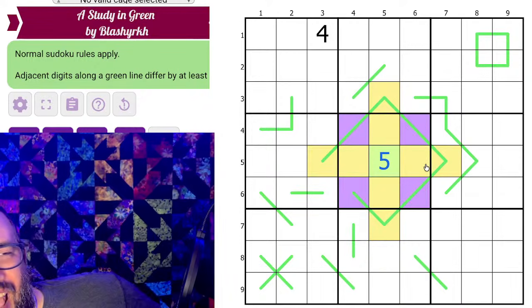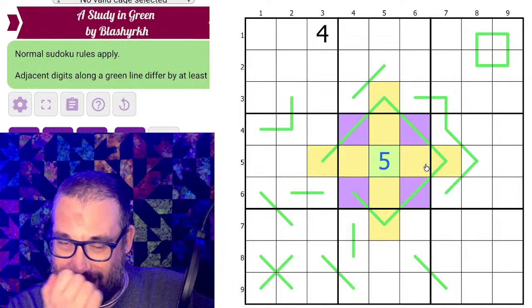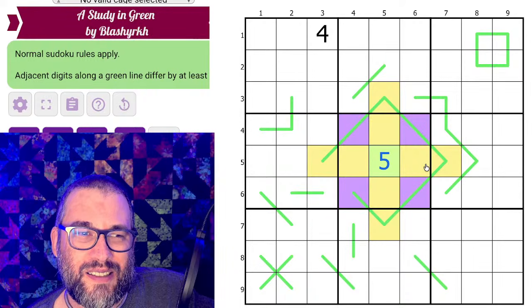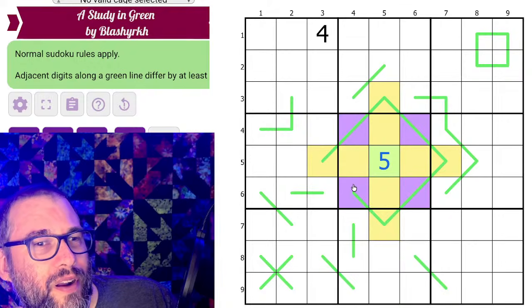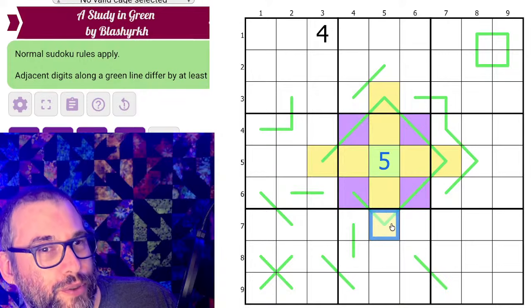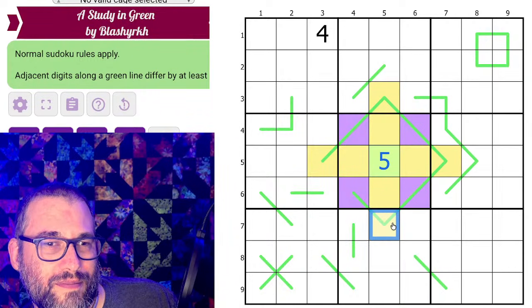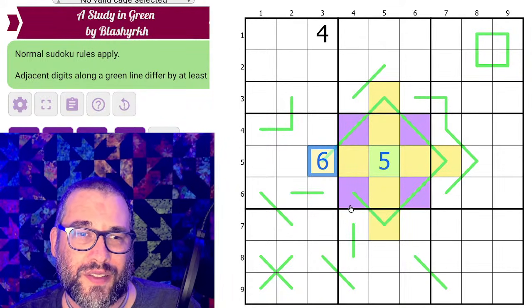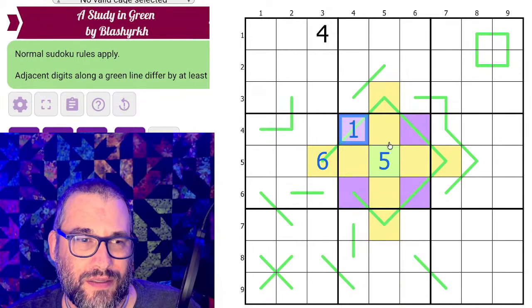If yellow is low, there's no place for 4 on it. That's true. So that's a 6. That's a 1.